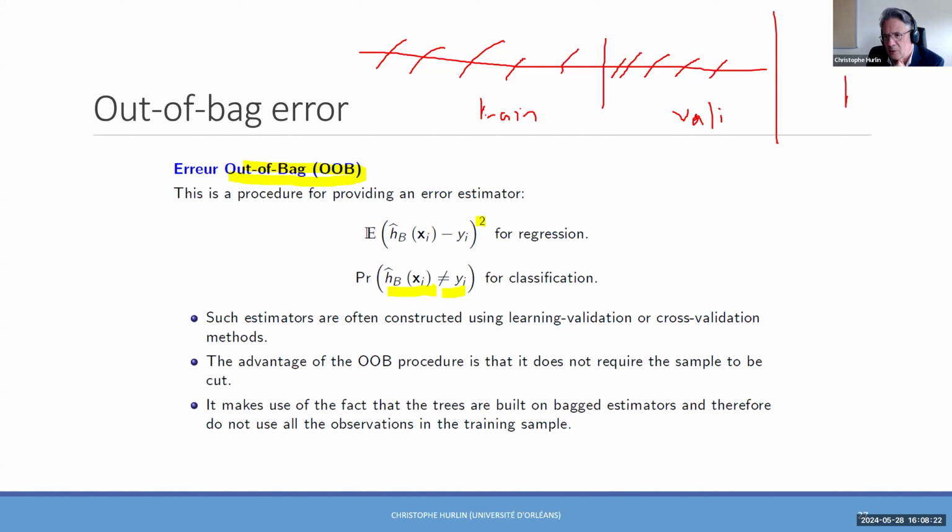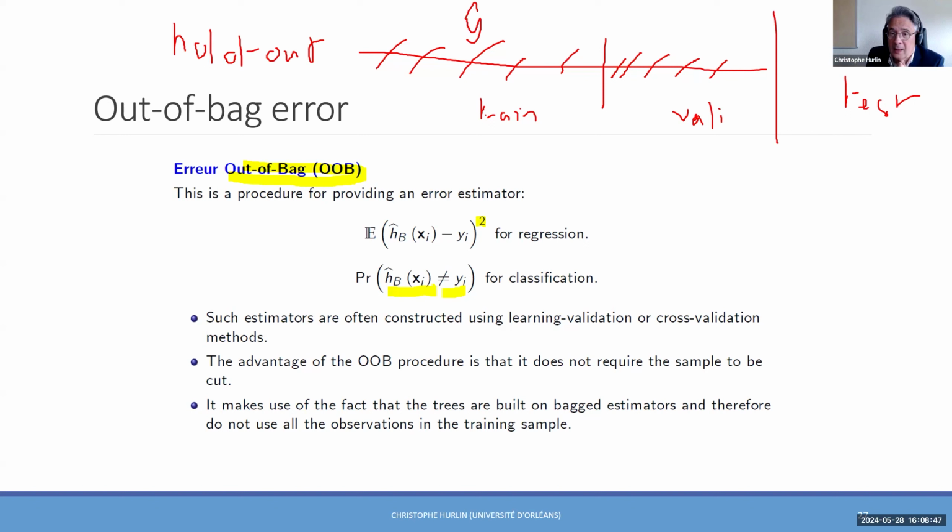Here you have the test, but the test is only used to make the ex post evaluation of the model. And then, for instance, in cross validation, remember the hold-out approach. In the hold-out approach, you train the model here.